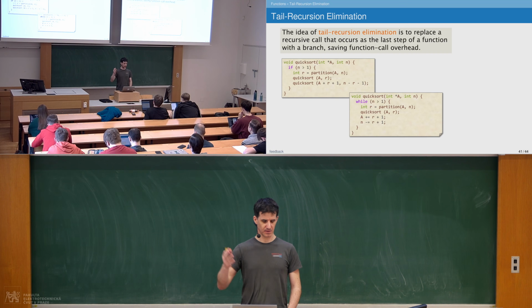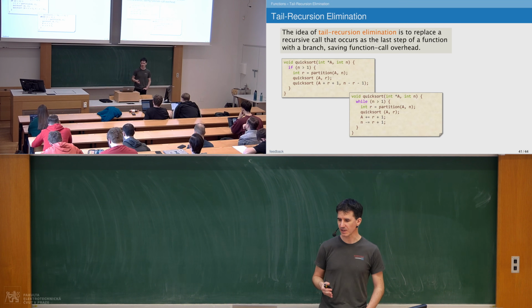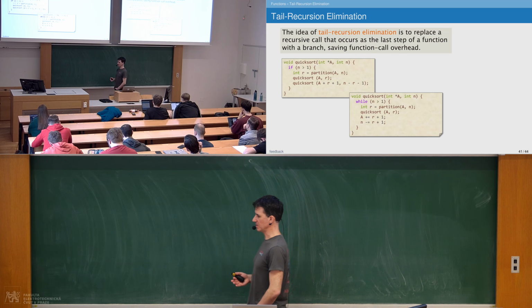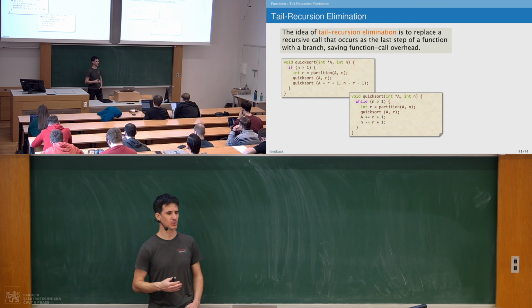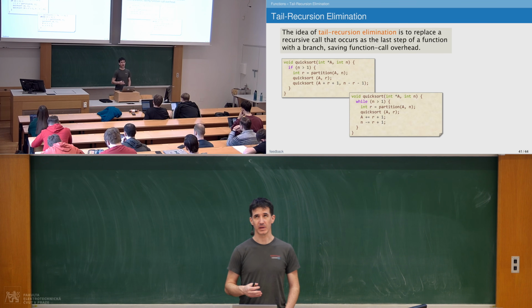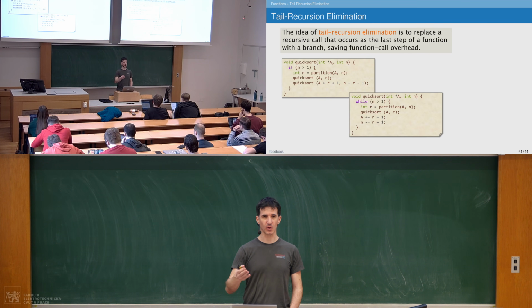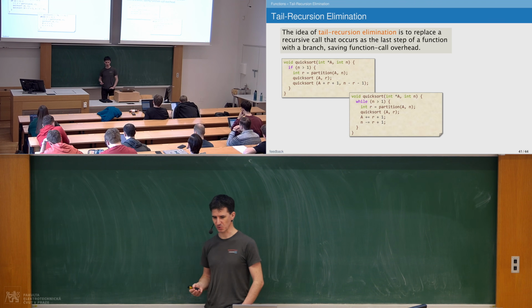Yeah, and then recursive functions. Again, compilers are pretty good at that. Implementing functions in a recursive way is not really a good idea, because every call to the function needs to allocate memory on the stack, and in many cases it's not necessary to allocate the stack.